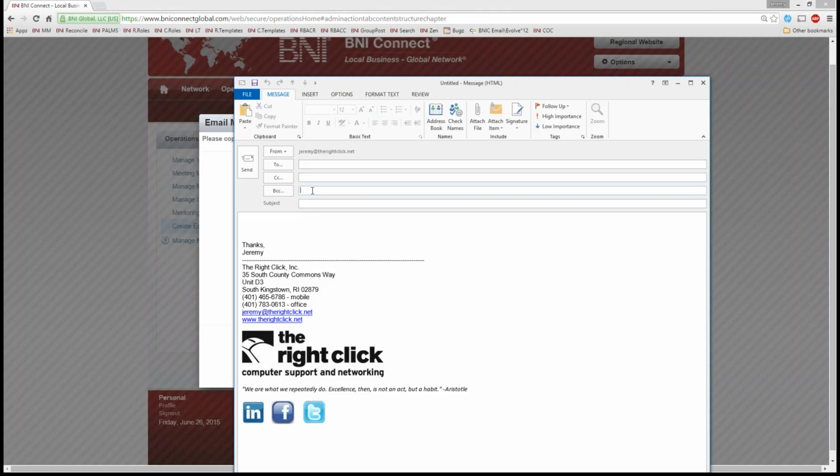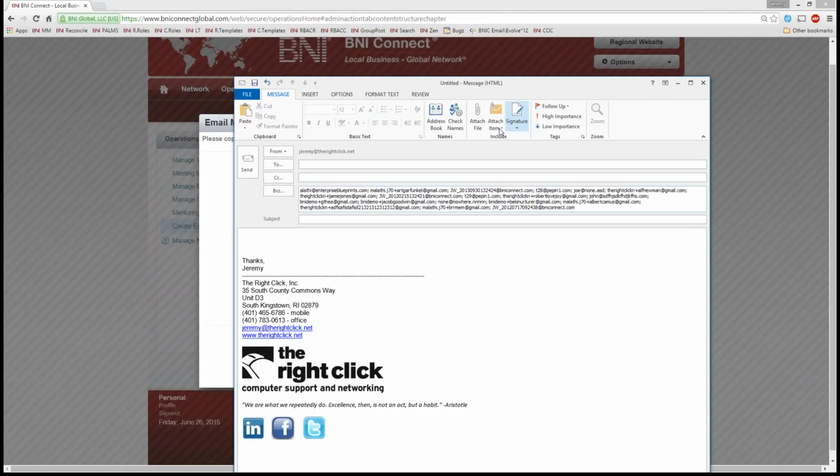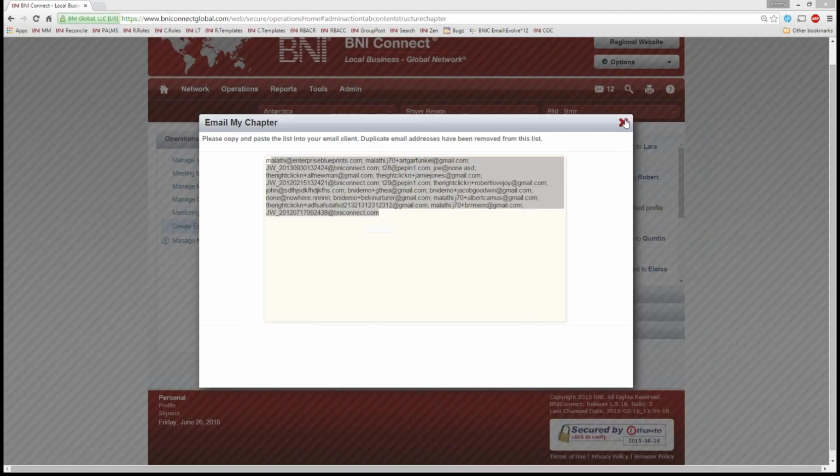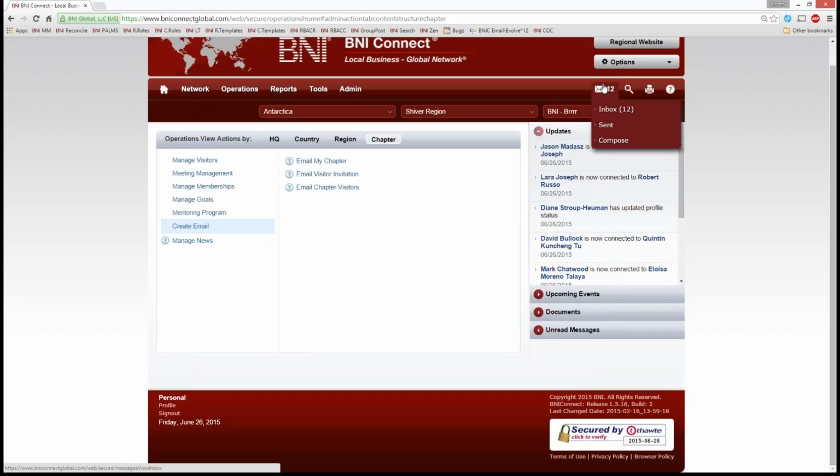and drop them into an email. I do recommend putting everybody on the BCC line so that it doesn't get kicked back around, and if it gets forwarded, the email addresses won't be listed. You do need to use your own email program. This is just going to give you a quick list of all of the members of your chapter. Now, some people do also use this internal messaging system, but as we said earlier with Craig, the messages don't automatically get forwarded to people's emails, so unless they log into BNI Connect and they look there, they may not be getting the messages.